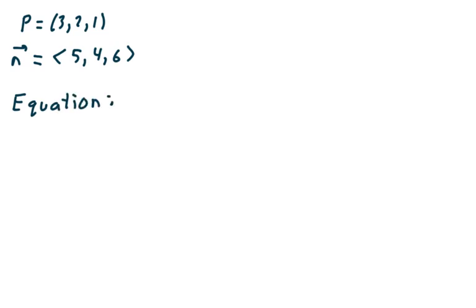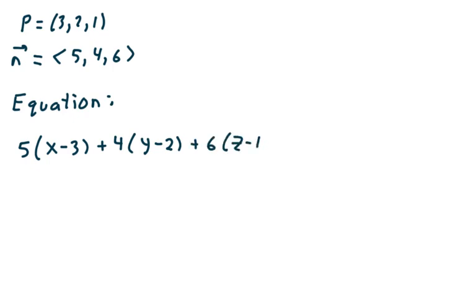What's the equation of the plane? It's 5 times (x minus 3) plus 4 times (y minus 2) plus 6 times (z minus 1) equals 0.